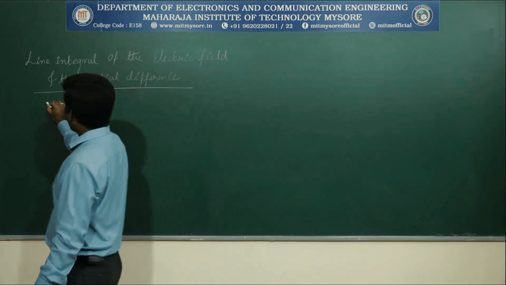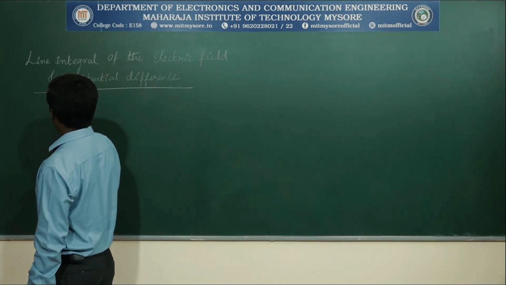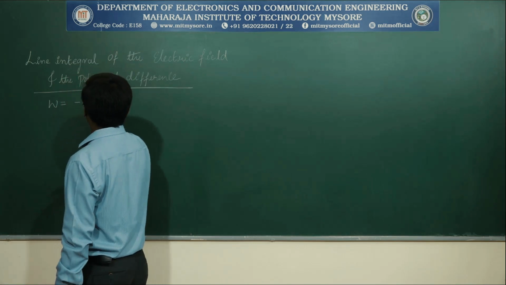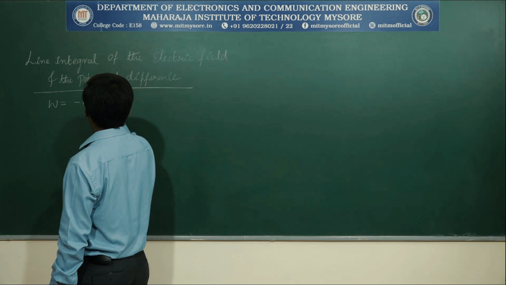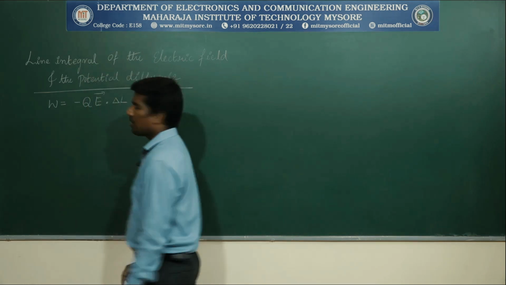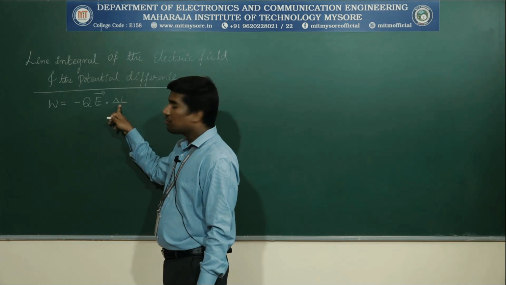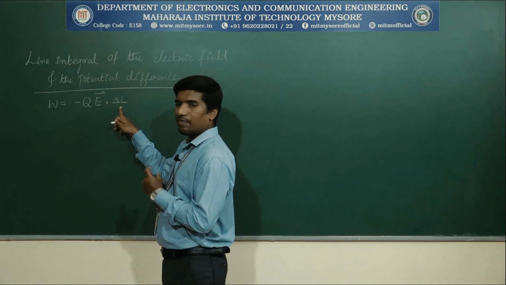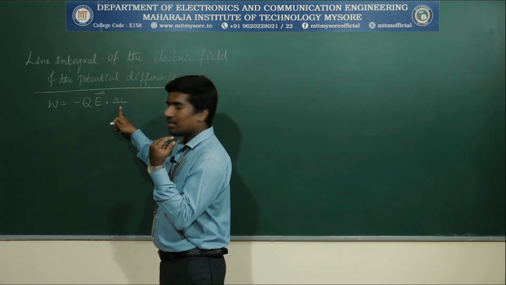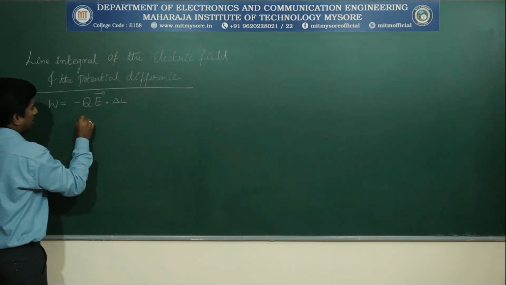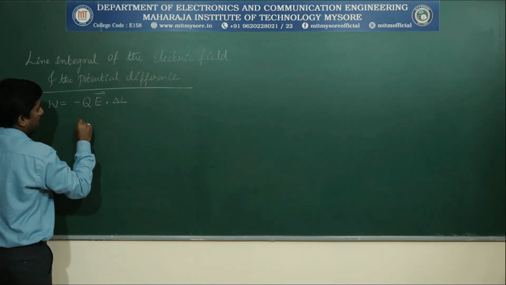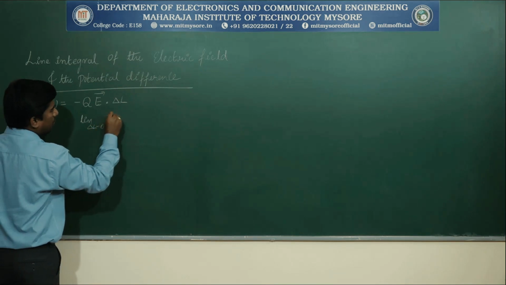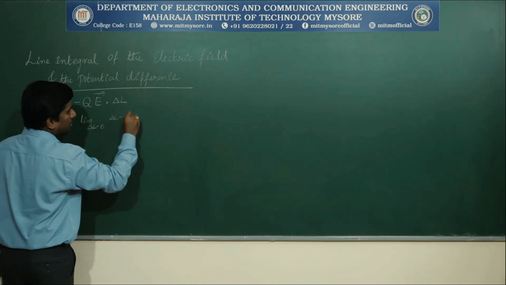So what we have got in the previous discussion, W, that is work done, is equal to minus Q into E dot delta L. What is this delta L? Small distance, small length, delta L. If this small length becomes very little, then as the limit delta L tends to 0, delta L becomes dl.